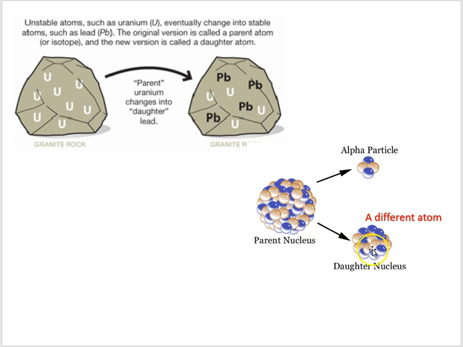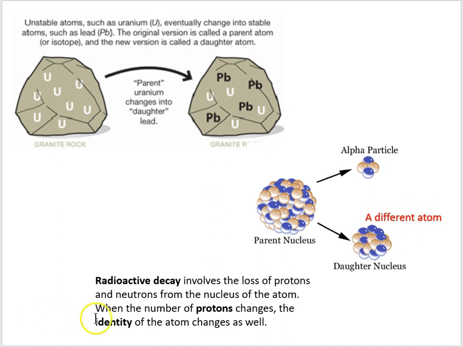The resulting nucleus is called the daughter nucleus. But because it has a different number of protons, it's a different atom. So radioactive decay involves the loss of protons and neutrons from the nucleus, and when the number of protons changes, the identity of the atom changes as well. In fact, uranium goes through a series of decay events ending up as lead.